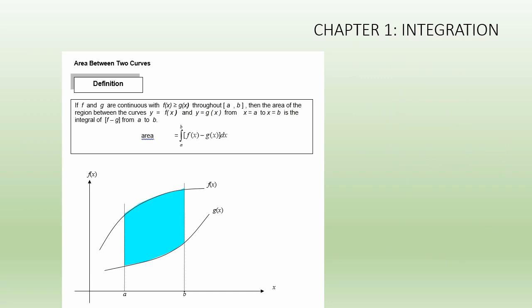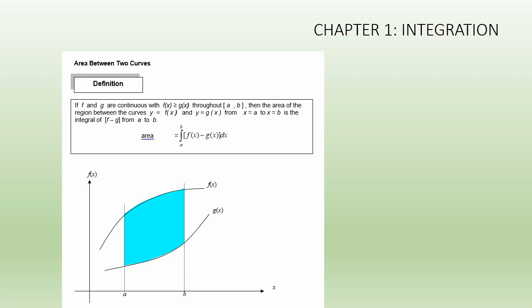Okay, now we look at the area between two curves. If functions f and g are continuous with f(x) greater than g(x) throughout the interval a to b, then the area of the region between the two curves y equals f(x) and y equals g(x) from x equals a to x equals b is the integral of function f minus function g from a to b.